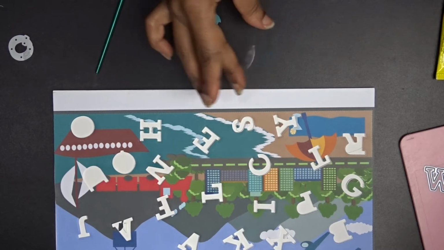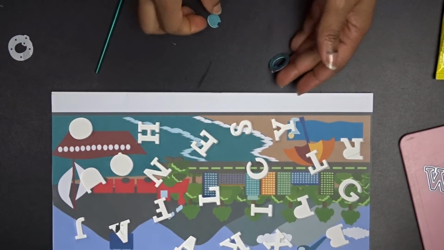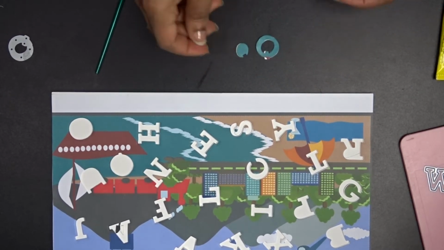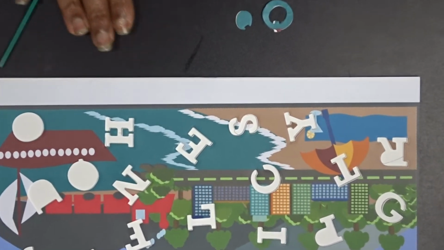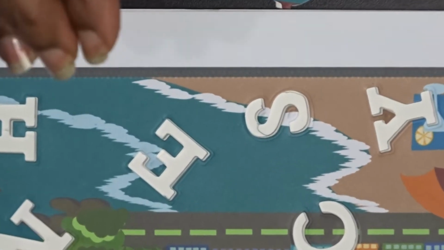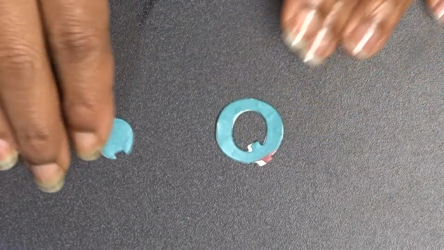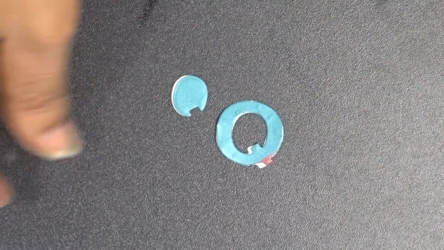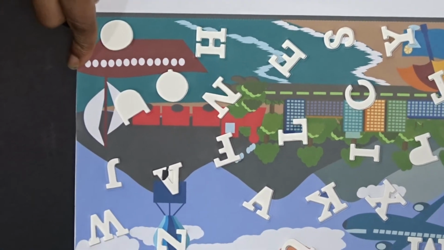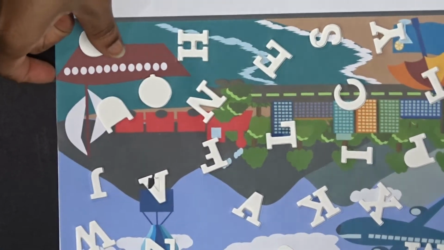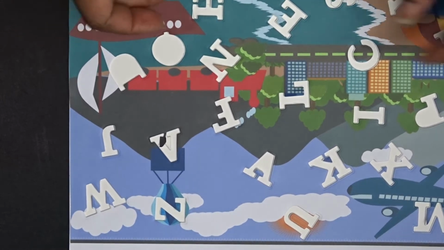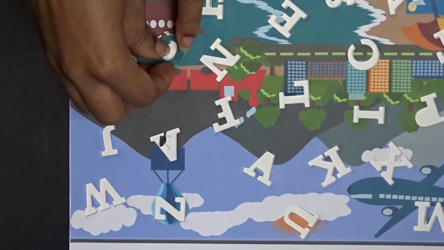Okay, so we have the Q and we have the center of the Q here. So what I'm going to do is go on the board, find the letter Q, and place it in.